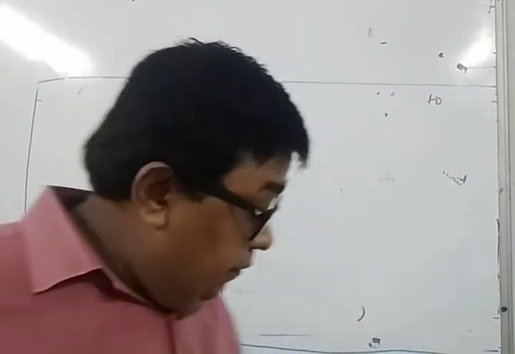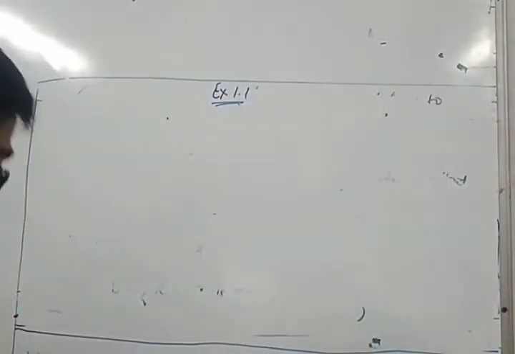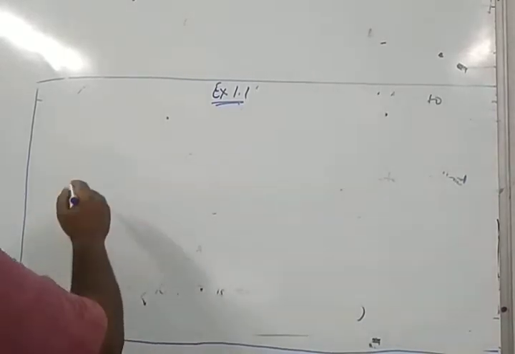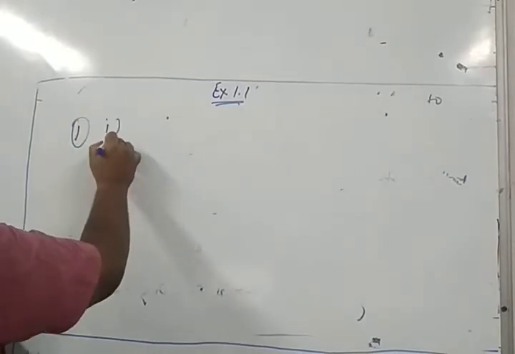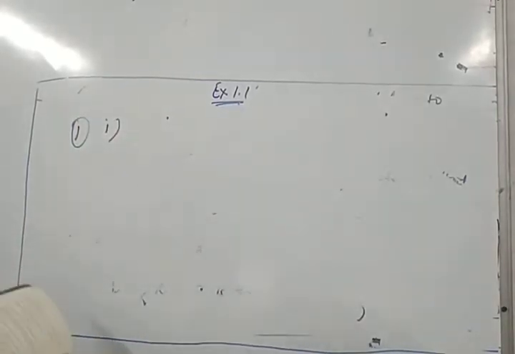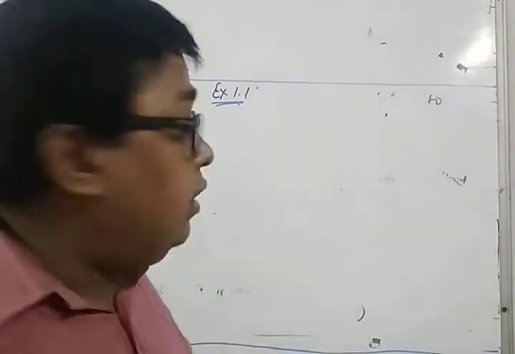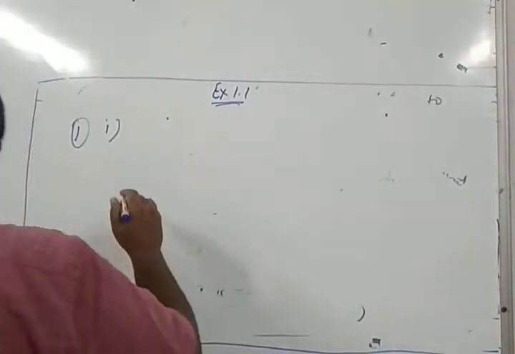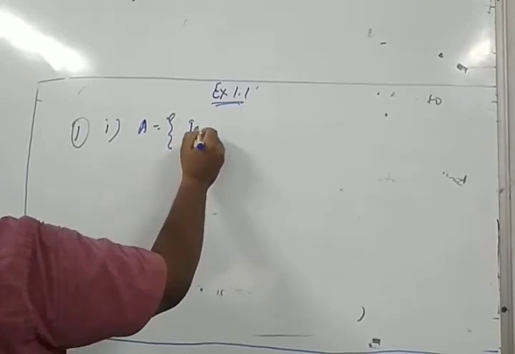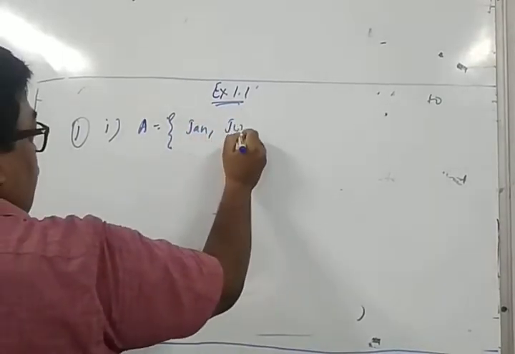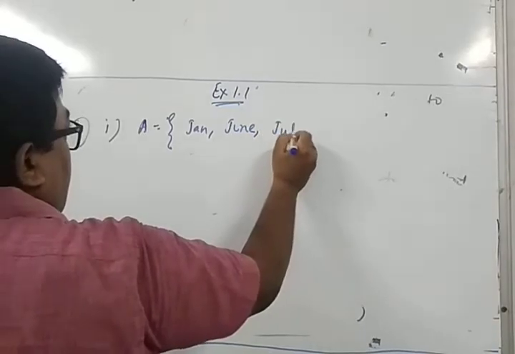Well-defined it must be. Question number one: the collection of all the months of a year beginning with the letter J. Say A. So it is January, June, and July.